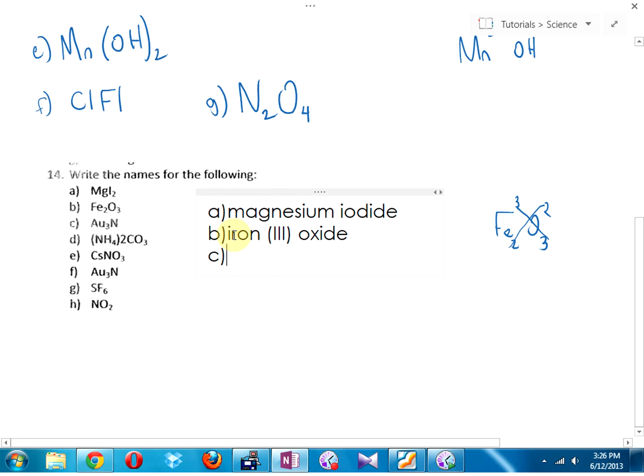Is gold multivalent? Yep. Uncrisscross. Can you uncrisscross in your head? Nitride.